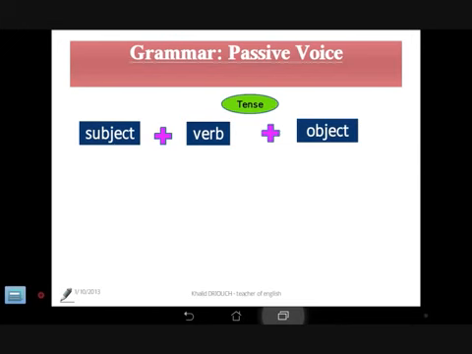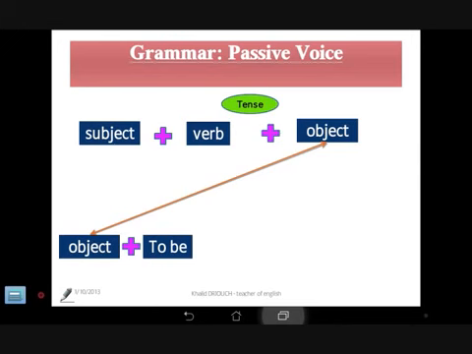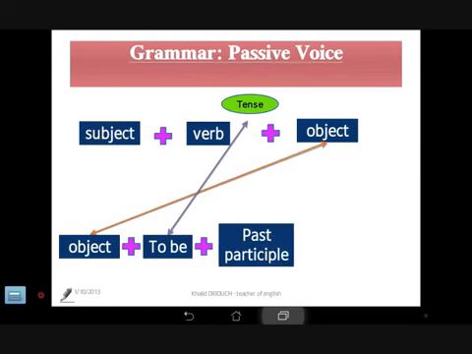When we change the sentence to passive, we start with the object plus the verb to be, in the tense of the verb in the active sentence, and that verb changes to past participle. When the subject is known but not important, we can add by plus subject.